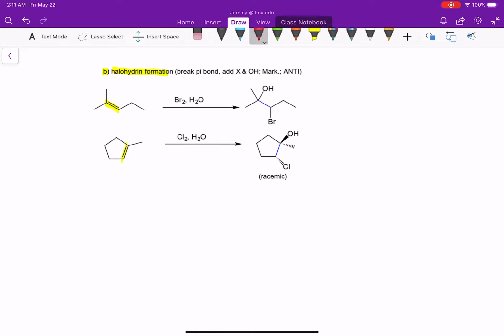We're still adding X2, Br2 or Cl2, but now we've changed our solvent. Our solvent is now going to be water, right? Or our solvent could be some alcohol like methanol. And what that's going to do is water is not just our solvent, it's actually going to be our nucleophile.